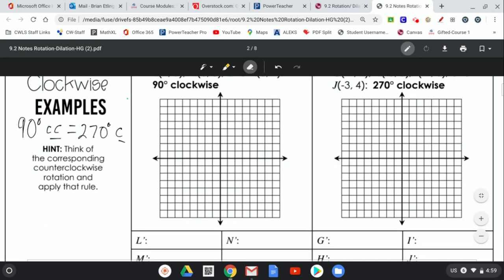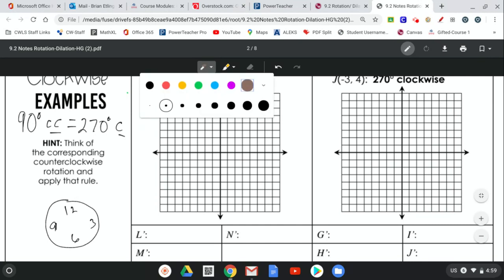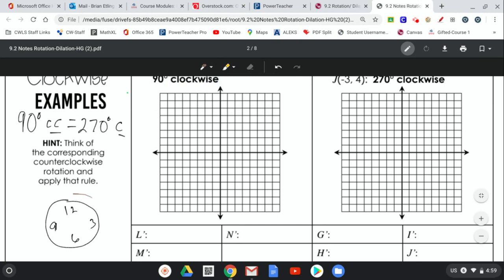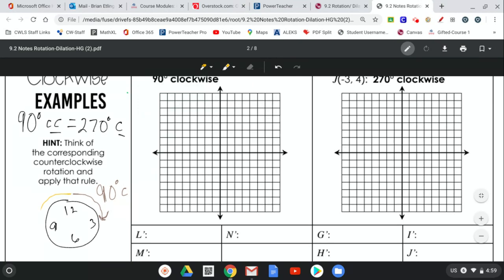If we're going 90 degrees clockwise, so again, if I have my clock here, and I have 12, 3, 6, 9, okay? So if I go 90 degrees clockwise, I end up right at the 3, right? So that's 90 degrees clockwise. Well, if I go 270 degrees counterclockwise, meaning I hit the 9, that's 90. I hit the 6, that's 180.